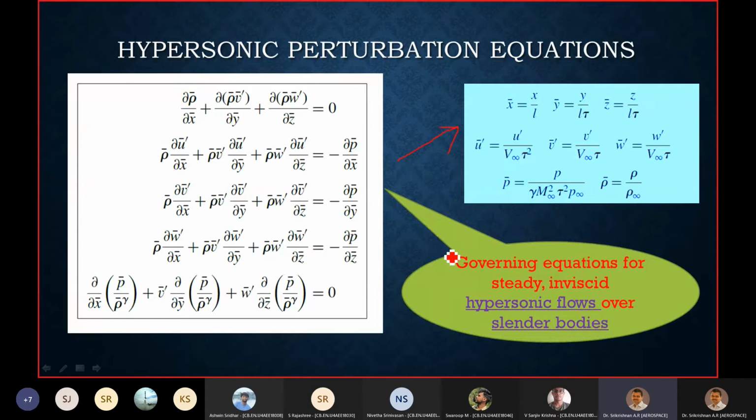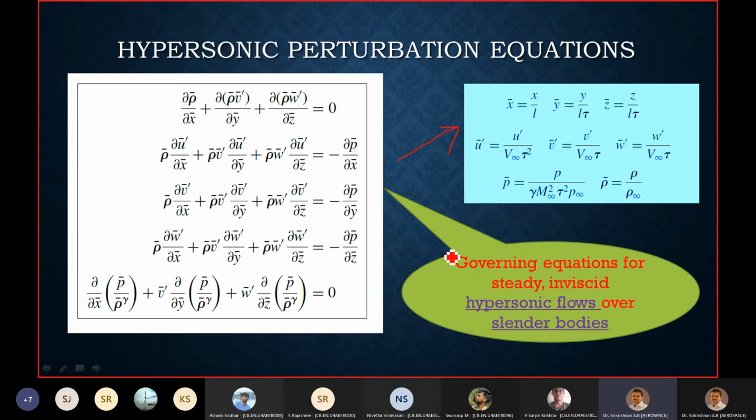All the parameters, that is x bar, y bar, z bar, u prime, v prime, w prime, and p bar, rho bar, etc., are replacing the original variables. By eliminating terms which can be neglected in comparison with order of magnitude 1, we can rewrite the equations purely in terms of the perturbation variables as shown here.